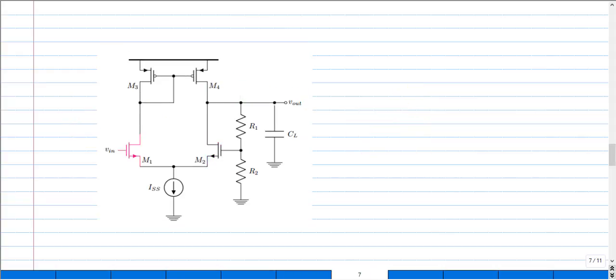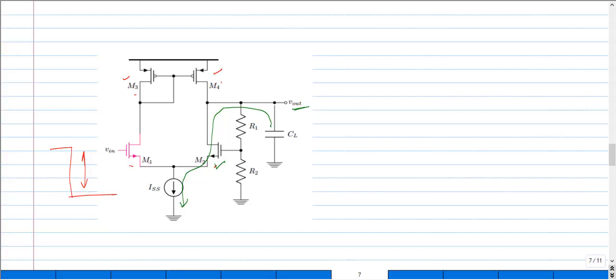It's obvious that when we apply a negative step input, this transistor M1 will be driven into the cutoff region, and all of these transistors move into cutoff, right? So I have M1, M3 and M4 all in cutoff, and it's only our M2 transistor that is turned on, and due to that all of the current ISS would flow through this path, correct? And that is what will happen.